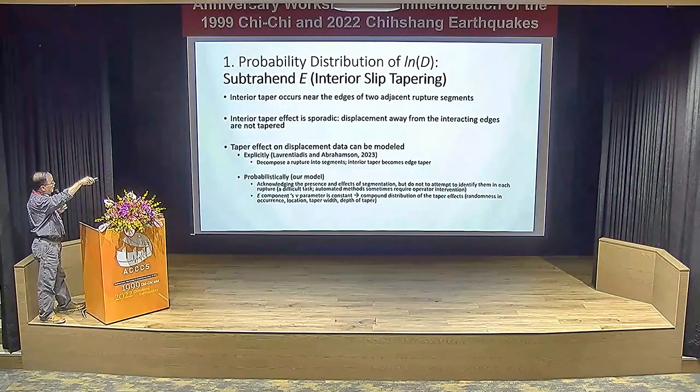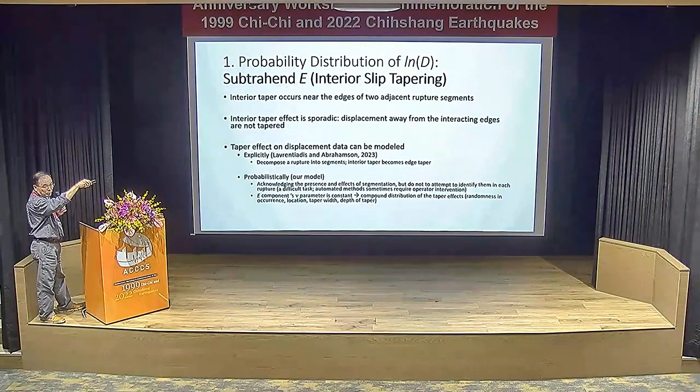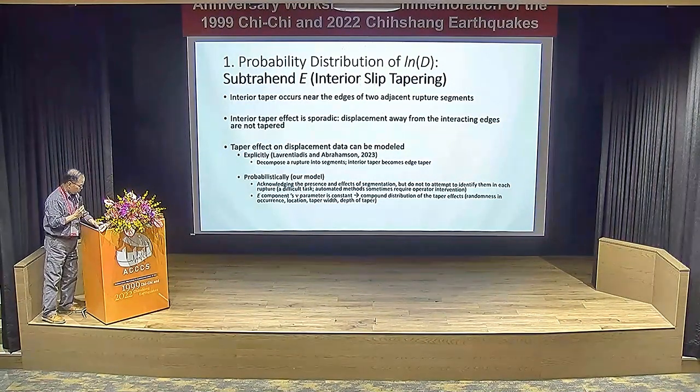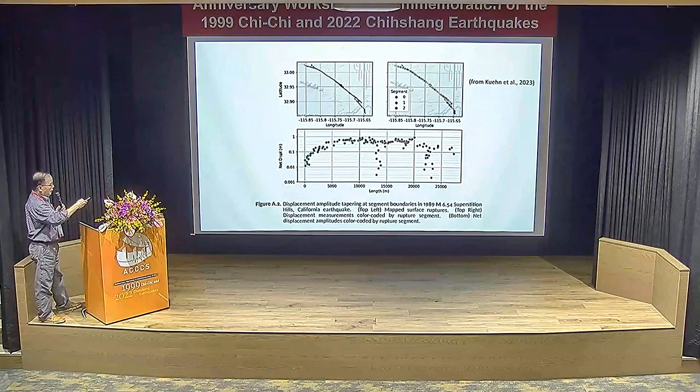Okay, so we like that stochastic representation because we can now treat the E as reflecting the effects of interior tapering on the displacement. And it has been well known that the interior taper occurs near the edge of two adjacent ruptures. Okay, and let me show you one example.